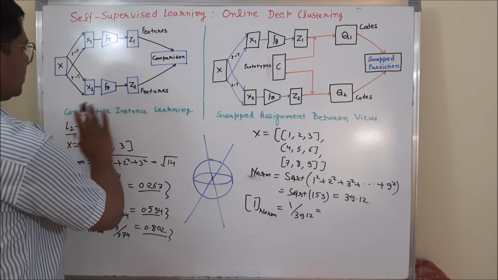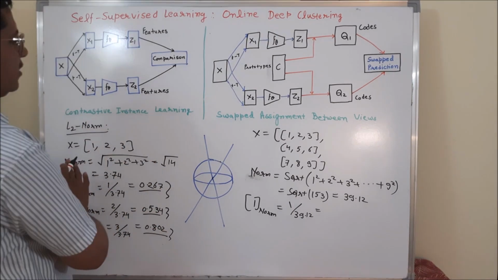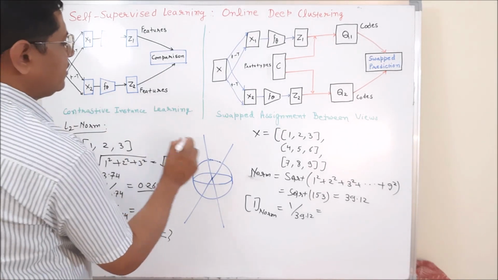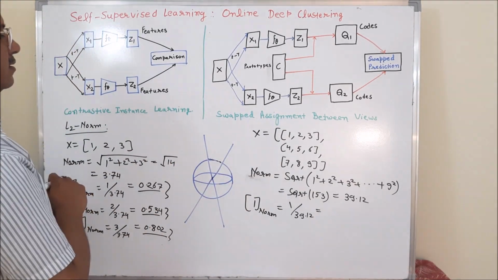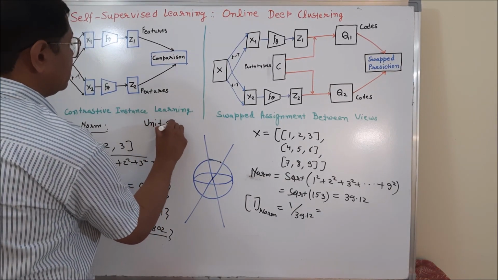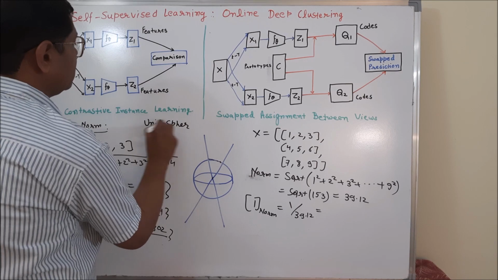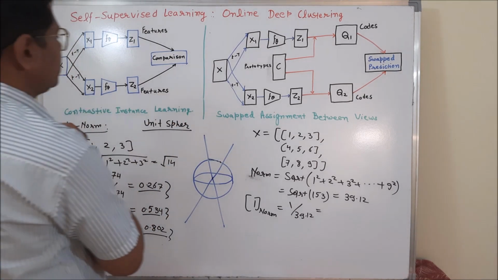Now what is the benefit of L2-Norm? Once we convert the data using L2-Norm, we will be able to represent those data on the surface of the sphere, the surface of the unit sphere. So unit sphere and L2-Norm are connected to each other.